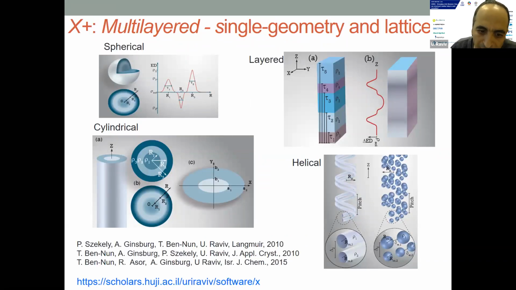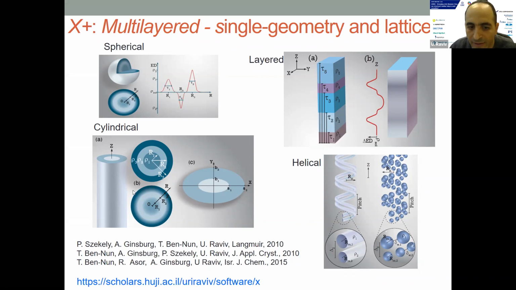We developed X-ray scattering software. It is available on our website, where the first software was developed 10 years ago, more or less, where we modeled geometric subunits with multiple shells, like spherical with multi-shells, with radial electron density profiles that can be made of many shells, and so any profile could be studied.